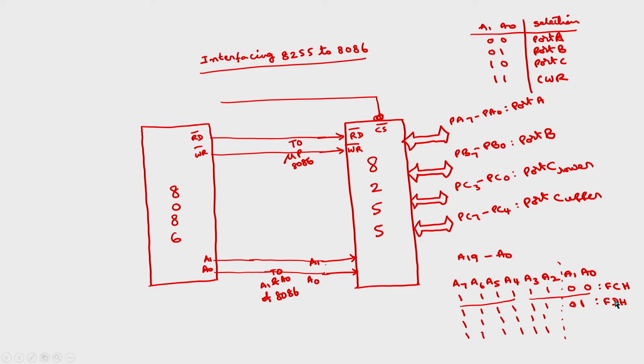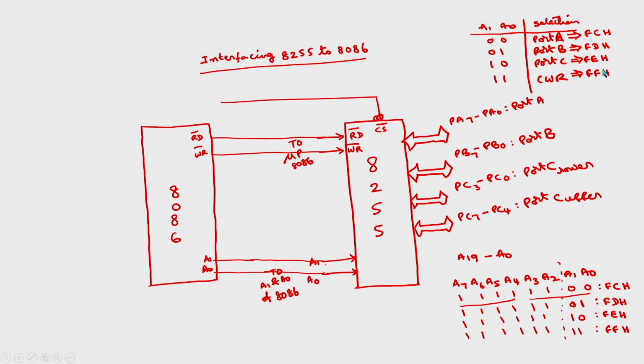This F is 4 ones and 1101 is 13D, and for 1 0, this will be FEH. For 1 1 this will be FFH. So the address of port A becomes FCH, this will be FDH, this will be FEH, and this will be FFH.